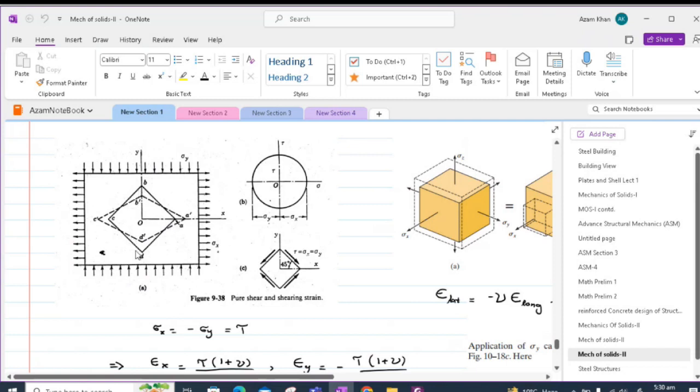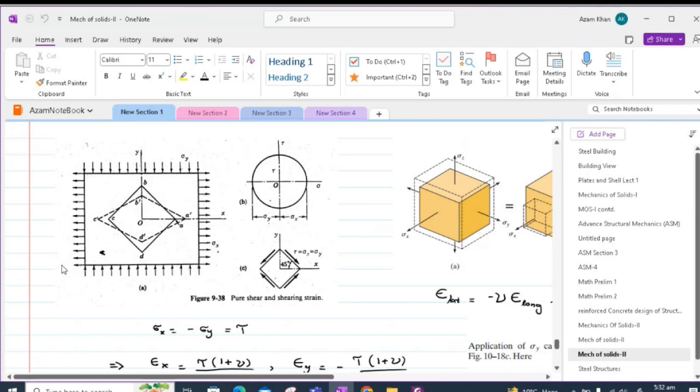Due to the pure shear, diagonal BD will be compressed to B prime D prime, and diagonal CA will be stretched to C prime A prime. The deformed element due to pure shear is shown by dotted lines.